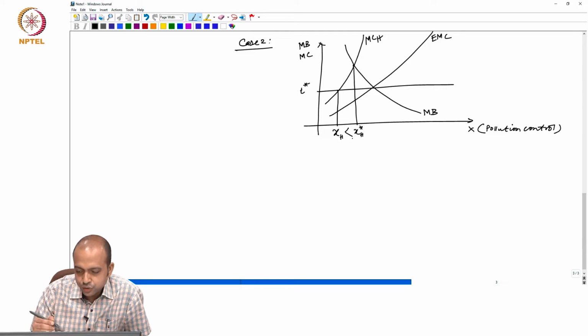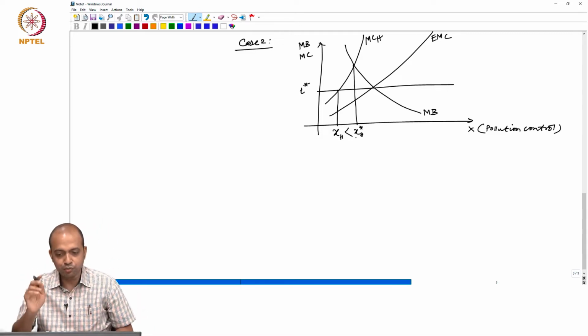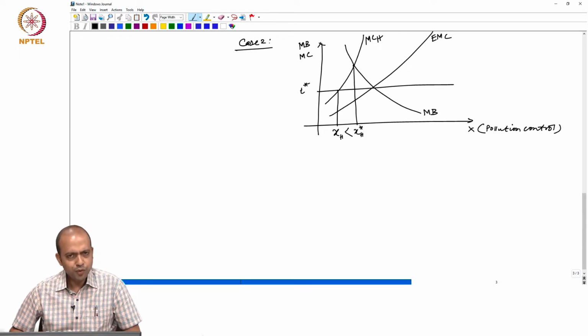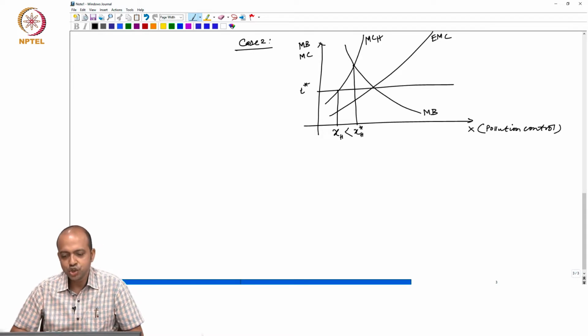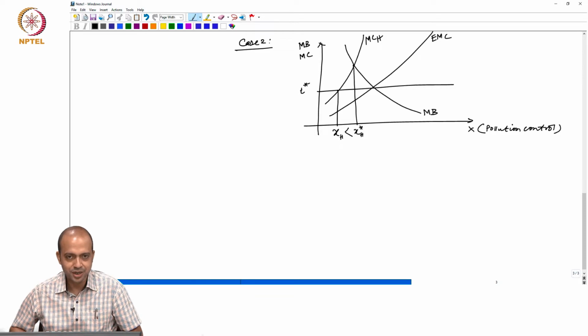Society demands X star H amount of pollution control by equating MCH with MB, but the private polluting firm is willing to supply only XH amount by equating T equals MC. So there is a divergence between what the society wants and what the private polluting firm is supplying.